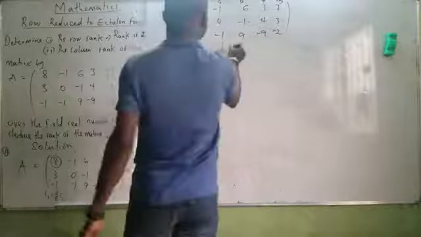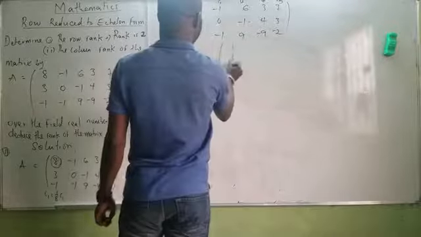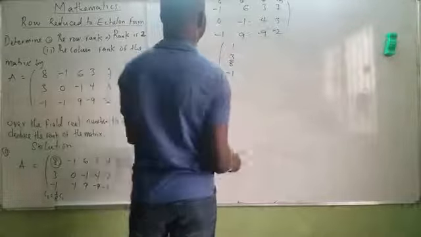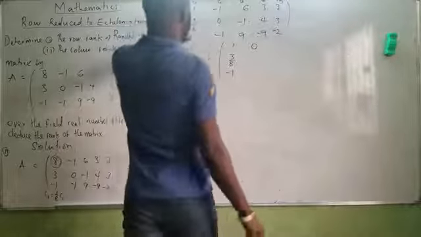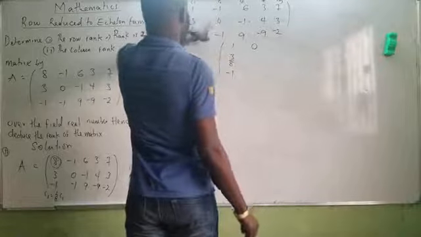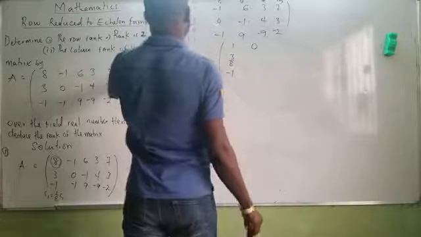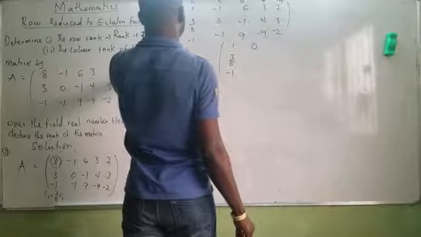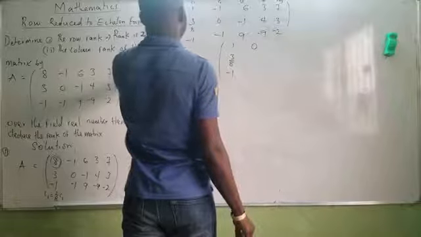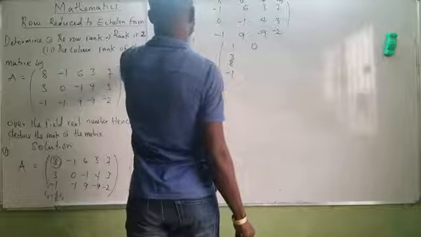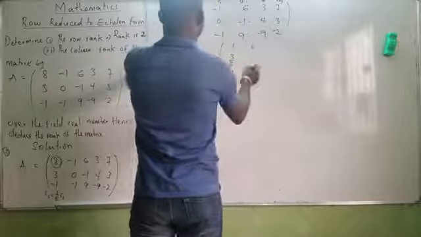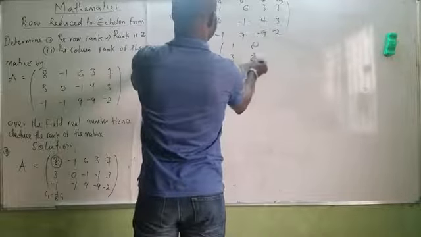Now, I will have 3 all over 8 minus 1. I have no problem with this. This will be 0. And then I have column 2, which will be column 2 plus column 1, equal to 3 all over 8.